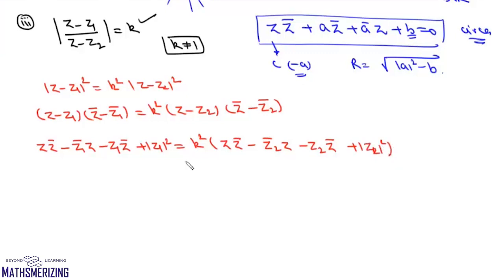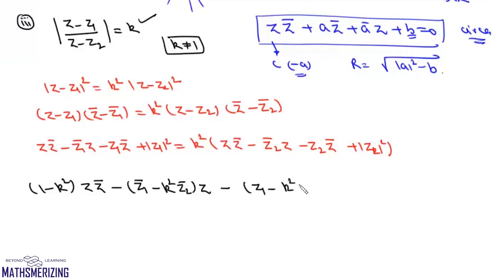Now we take everything on the left hand side, then we can write (1 minus k square) z z bar minus (z1 bar minus k square z2 bar) z minus (z1 minus k square z2) z bar plus mod of z1 square minus k square mod of z2 square equals 0.